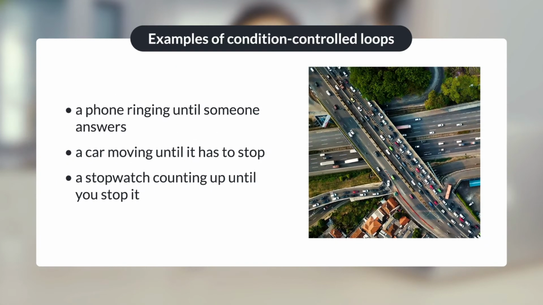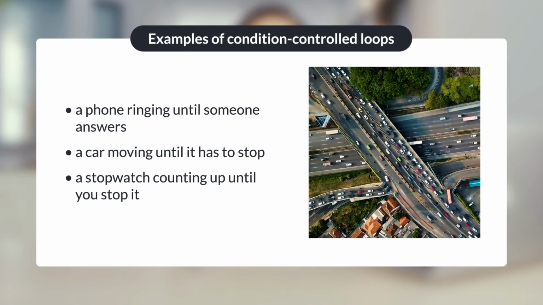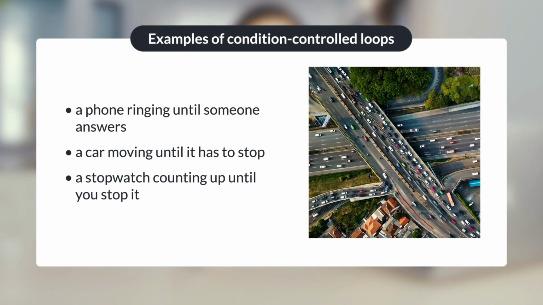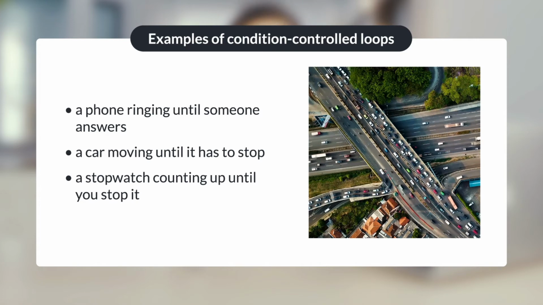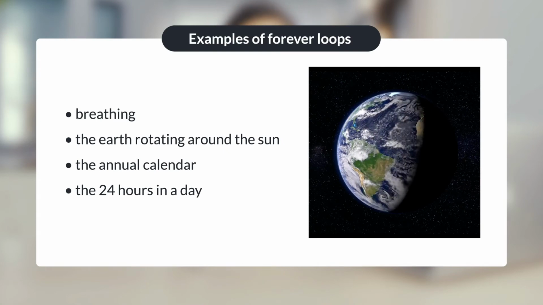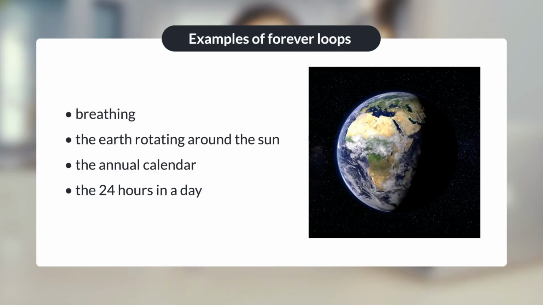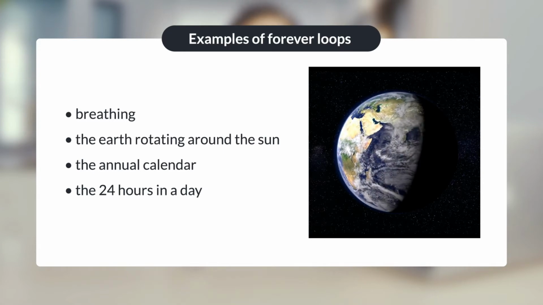Examples of condition-controlled loops are a phone ringing until someone answers, a car moving until it has to stop, or a stopwatch counting up until you stop it. Examples of forever loops are breathing, the Earth rotating around the sun, the annual calendar, and the 24 hours in a day. Let's get started.